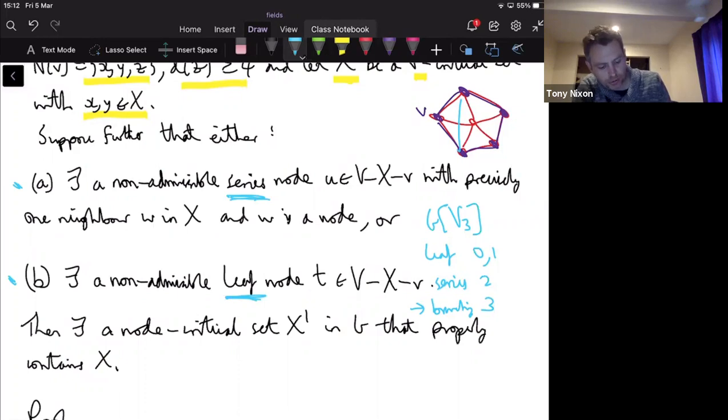So in A, we suppose there's a non-admissible series node called U in V minus X minus V. We'll see pictures of this again in a second, but there was a lemma last time that said if you have a critical set, say X, and it's V-critical, then of course X union V is a critical set as well.